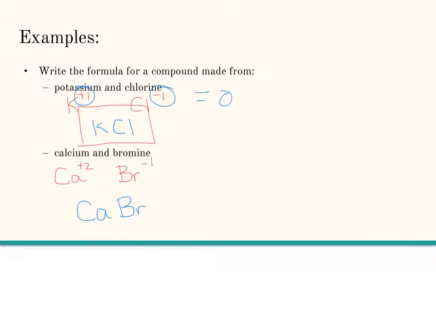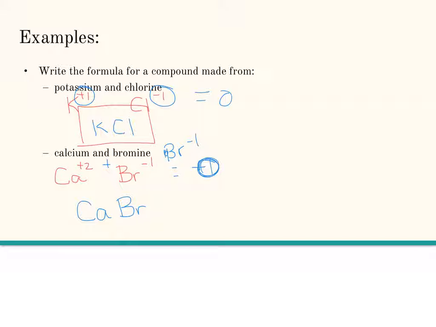So if I add these charges together, +2 plus a -1, I get an overall charge of +1. And remember, we want our overall charge to be 0. So I'm going to change this to add another bromine. So if I add another bromine atom, I now have 2 bromines, and now my overall charge is 0.